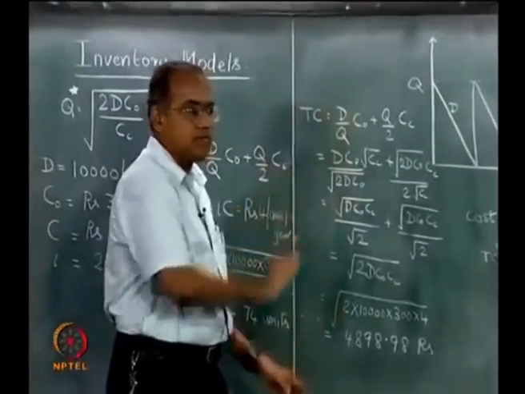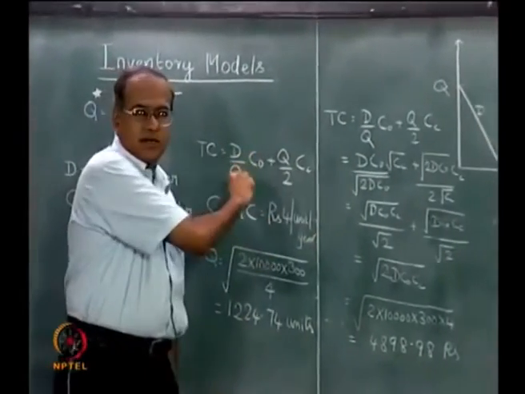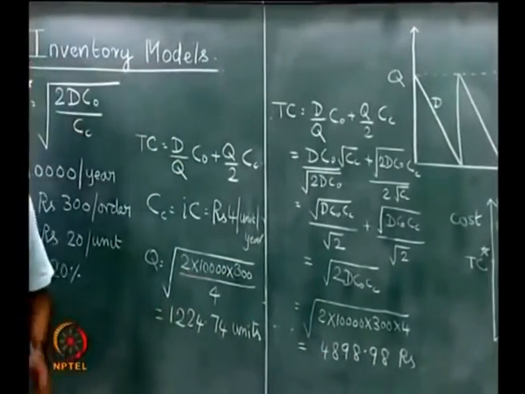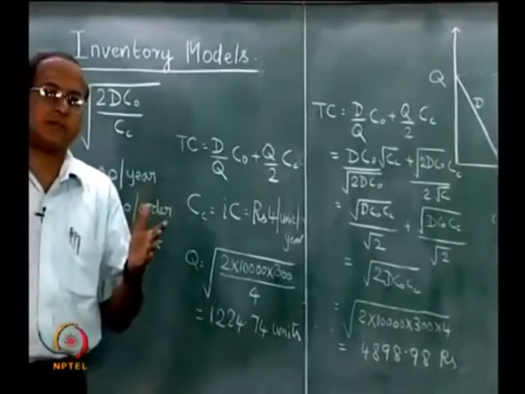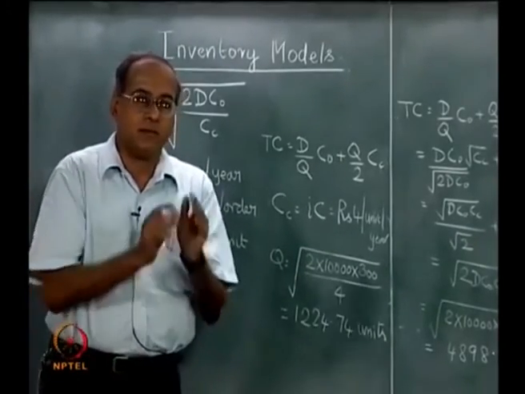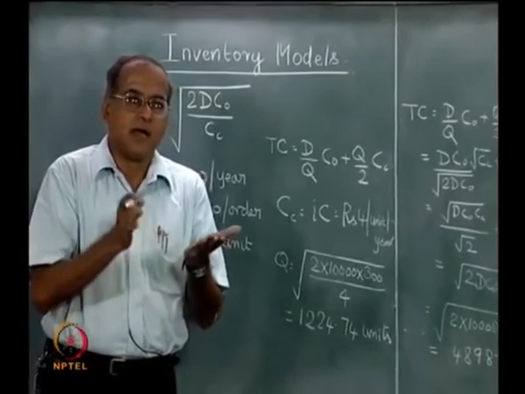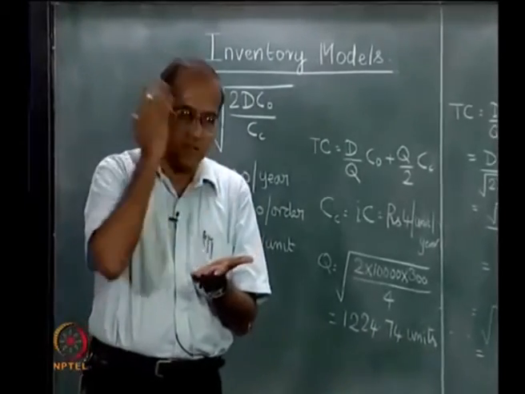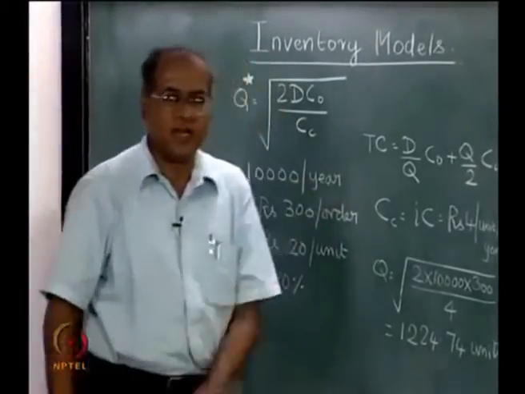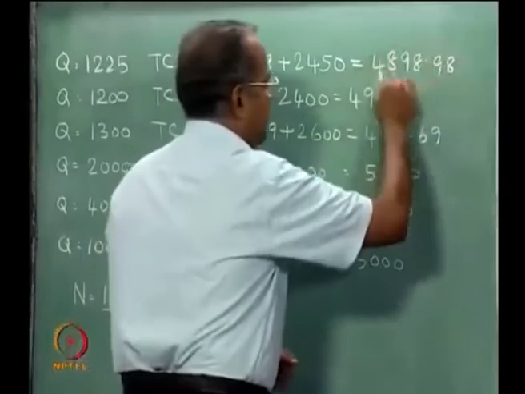But what we learn from this is that even though the actual results of the economic order quantity, like 1224, 4898, sometimes or many times may not be implementable exactly as they are, the important learning is that we need to fix our order quantities as close to the economic order quantity as possible, subject to other constraints and considerations, so that the actual cost that we incur is still around this 4898.98.